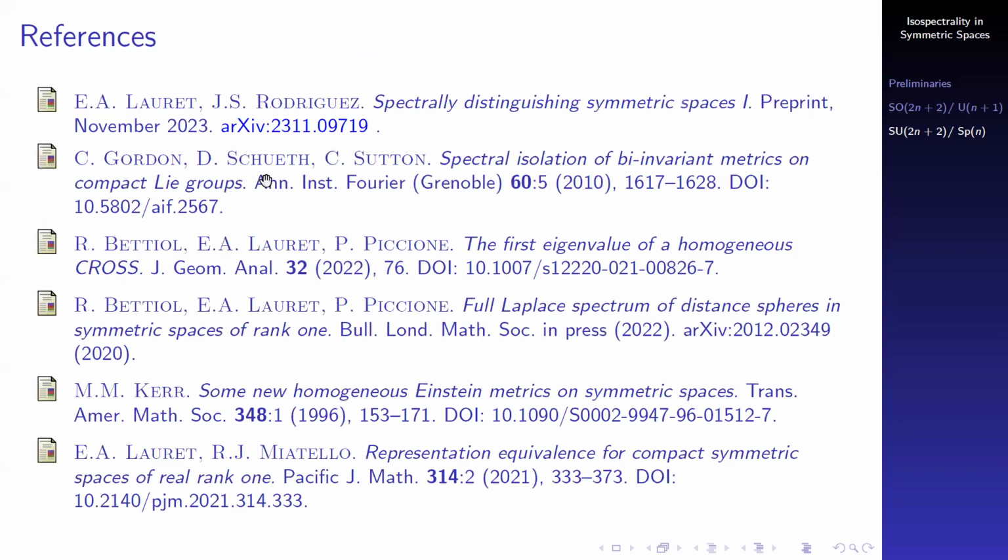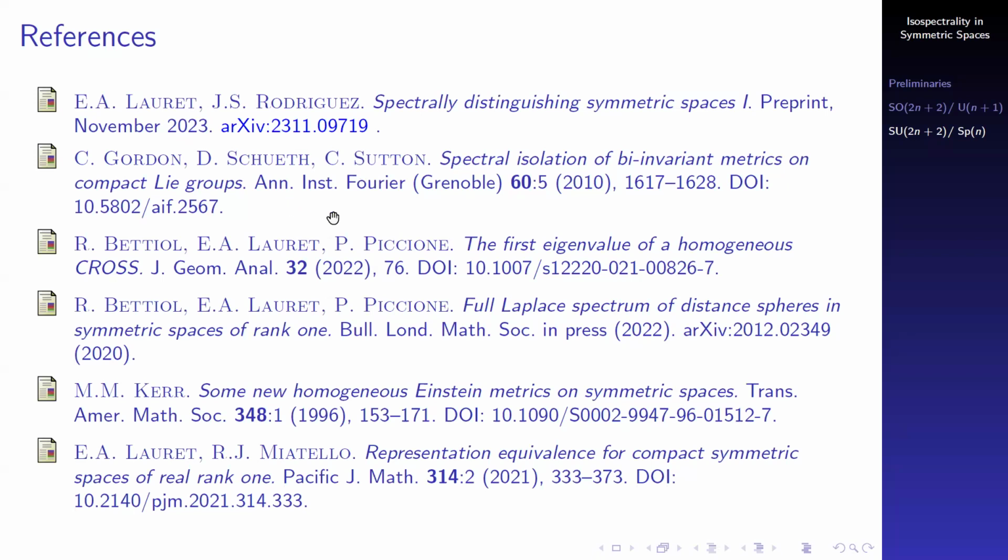And this is the reference. So the first one is the article on which this talk is based. You can find it in ARCA. You can find the details of the computation there. Here, this second one is spectral isolation of invariant metrics.